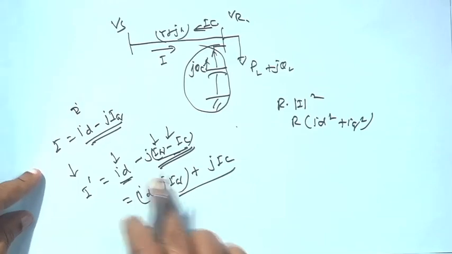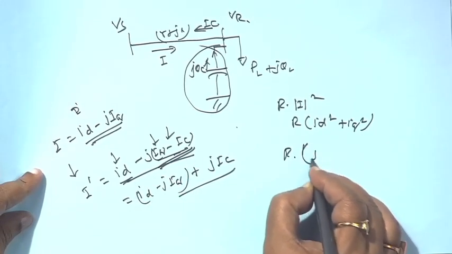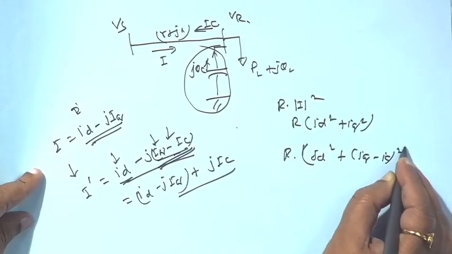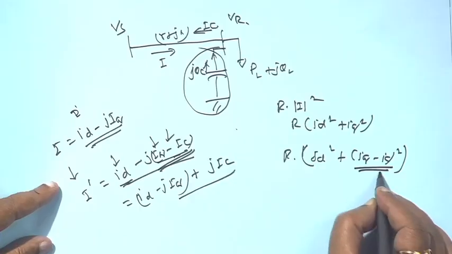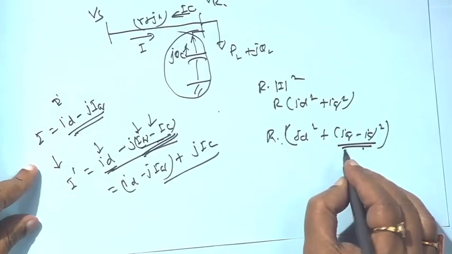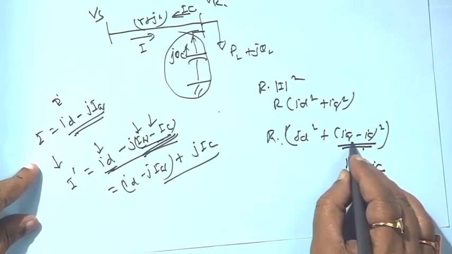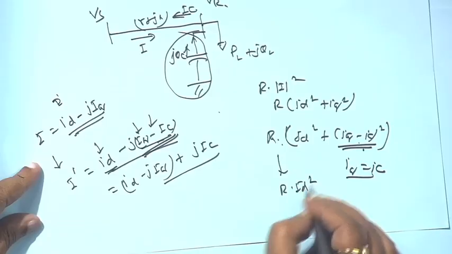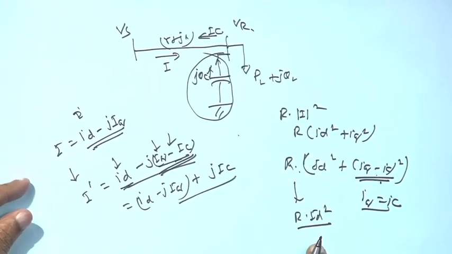As soon as you put the capacitor, the loss will be, in brackets, I d square plus I q minus I c square, right, because this part is getting decreased. That is why the power loss will reduce. But listen to one thing: theoretically you can make I q equal to I c, which means this part will be 0. Then R into I d square, this loss will remain in the circuit, that is the inherent property of any common circuit, right.